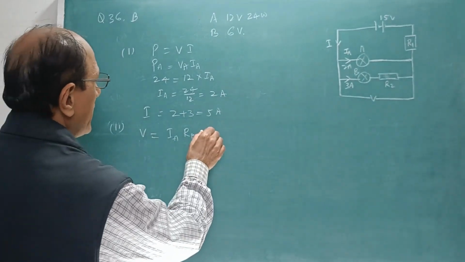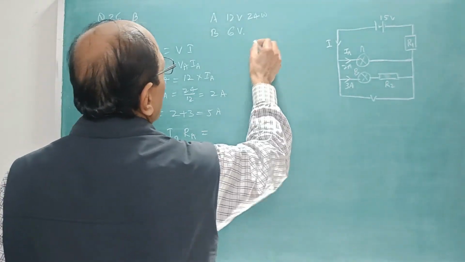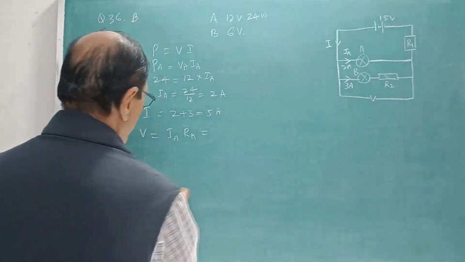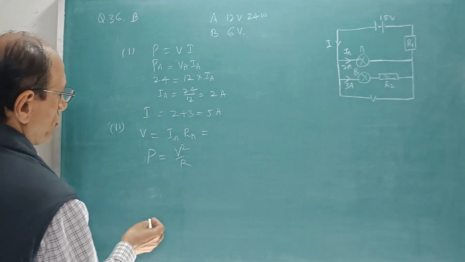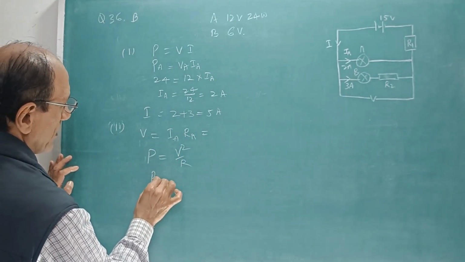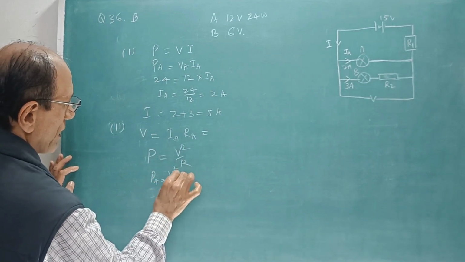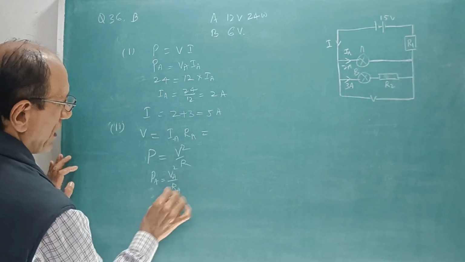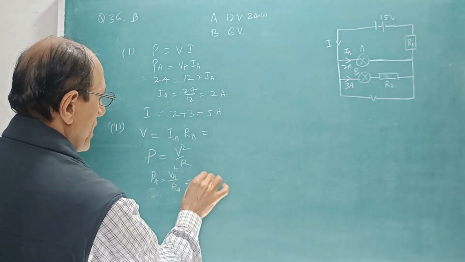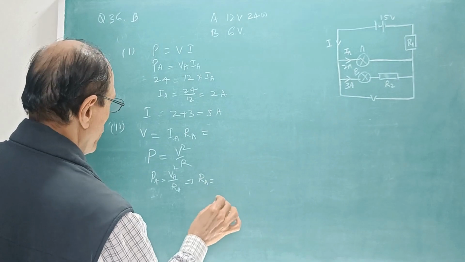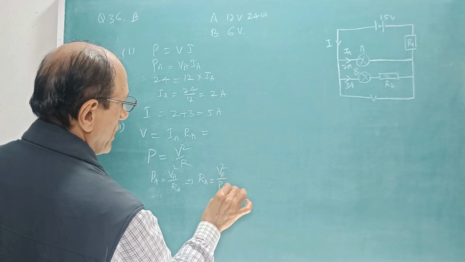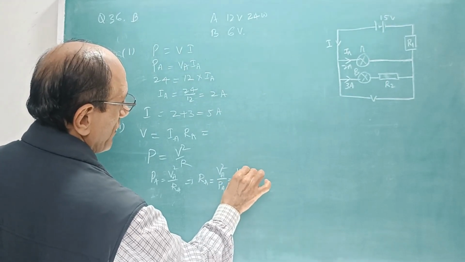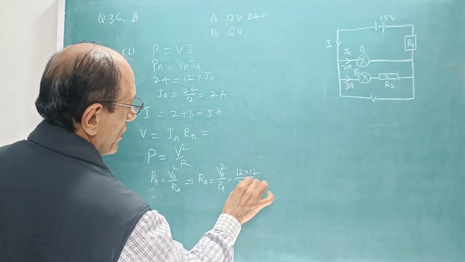We know P equals V square by R. So PA will be equal to VA square upon RA. So here RA will be equal to VA square upon PA, that is 12 into 12 divided by 24.